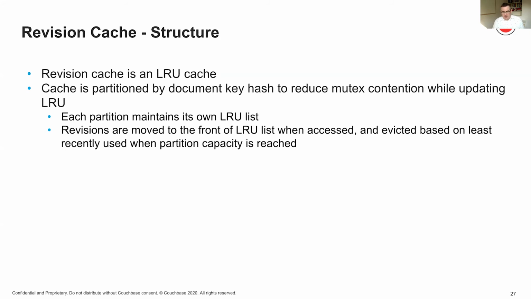To minimize that, we've implemented the revision cache as a partitioned cache. So what we've actually got is a collection of revision caches partitioned by document key hash. And that allows us to maintain multiple smaller LRU lists, which reduces mutex contention and increases the throughput under high concurrency.